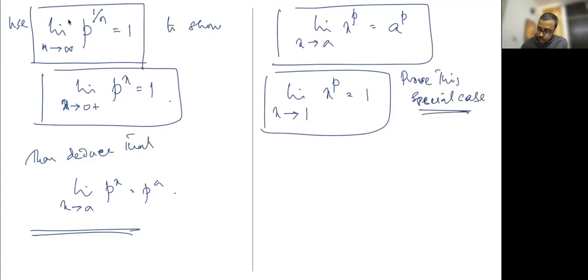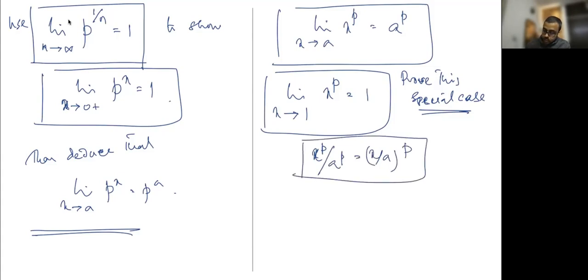And then the general case would follow from that by observing that, okay, so basically once you prove this, the other points it would follow.